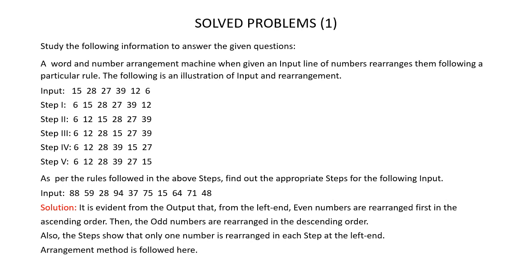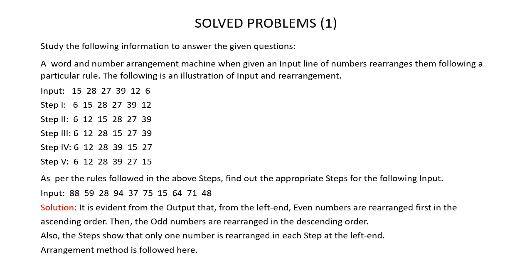The steps also show that the arrangement method is being followed here because of the following two reasons. That reason number one is, once the number is placed at their correct positions, they retain that position till the end.